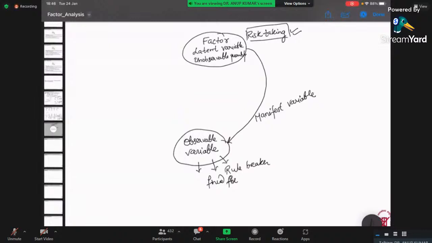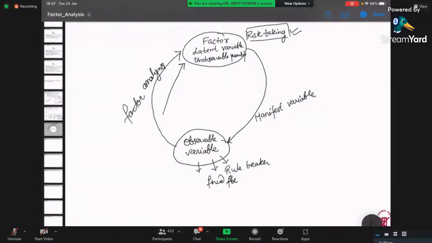Now, since these variables are observed, with the help of factor analysis, can we measure the hidden factor? That is the idea behind doing factor analysis.